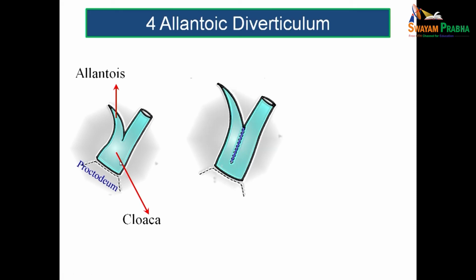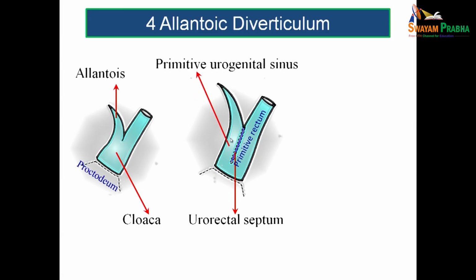And this cloaca or the hindgut is actually divided into two parts by a septum that is known as the urorectal septum. So, the urorectal septum is going to split the cloaca into two parts. One anterior portion, to which you have the attachment of the allantoic diverticulum, and the posterior segment. What do you call the posterior segment? The posterior segment is actually in continuation with the gut. So, that is the primitive rectum, and the anterior segment is known as the primitive urogenital sinus.